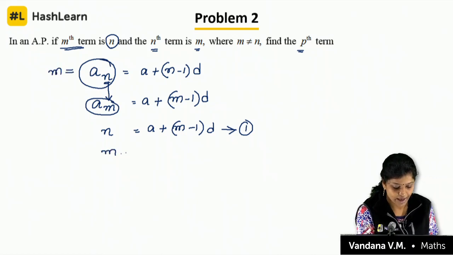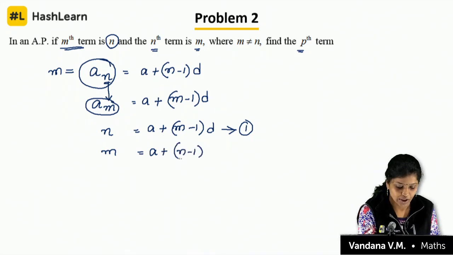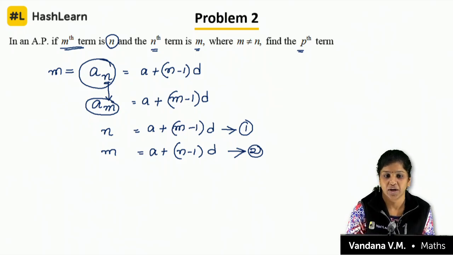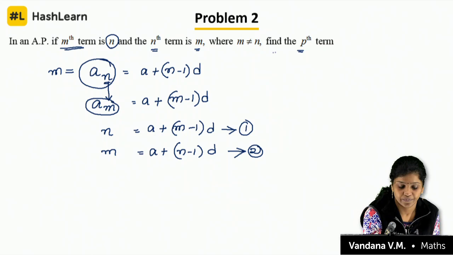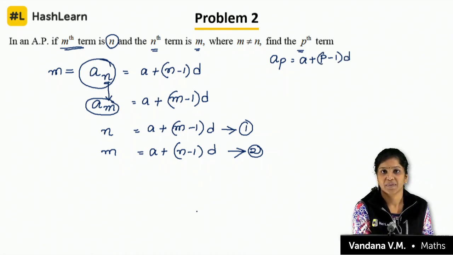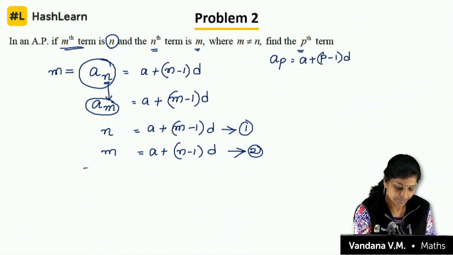So the next one, m is equal to a plus (n minus 1) into d. I have 2 equations. With these 2 pieces of information, I have to find out the pth term, that is, ap is equal to a plus (p minus 1) into d. I have to find this out.